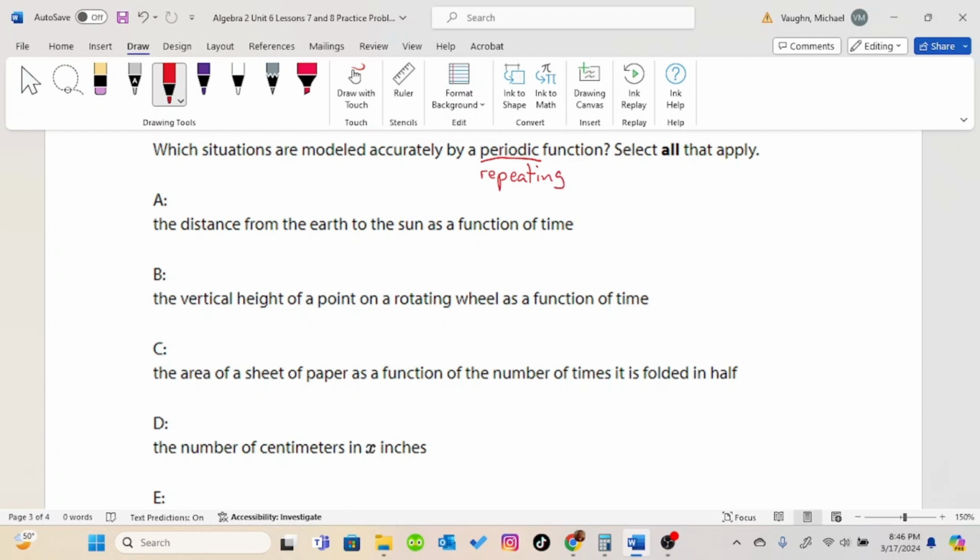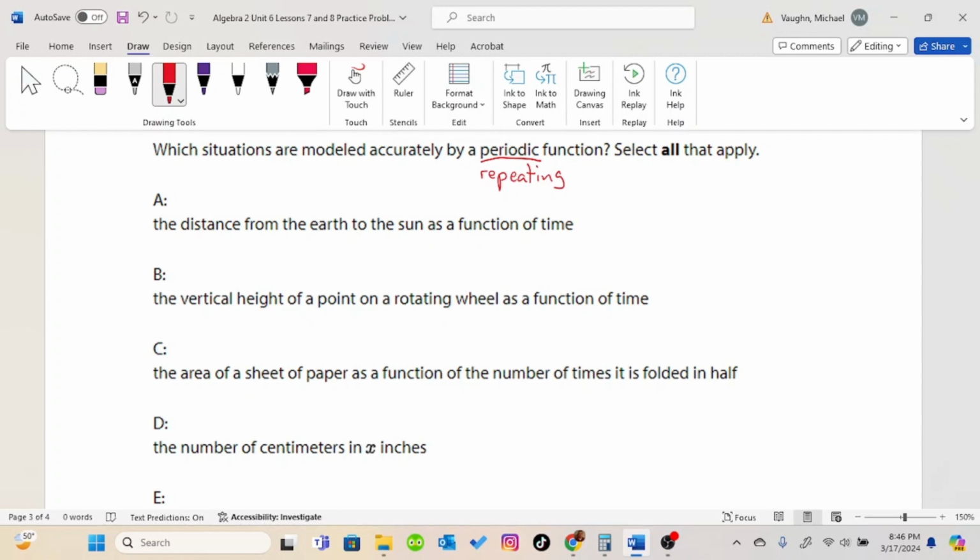So it doesn't just happen once, it doesn't happen in a continual manner, it repeats. Just like we've been looking at Ferris wheels and clocks, we're looking for functions that repeat their values over and over again.